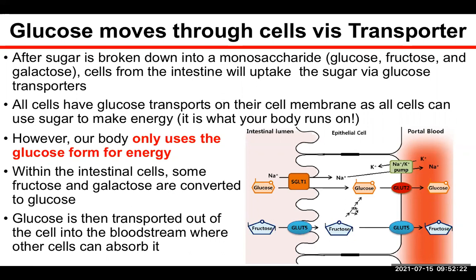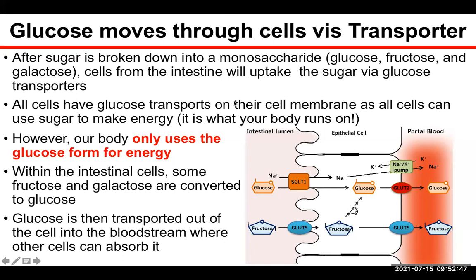Some of the other sugars, fructose and galactose, are also going to be secreted into the bloodstream at lower levels, but other cells also have some of these transporters where they can convert these sugar molecules into glucose. And then, once it's in the bloodstream, the rest of the body can absorb it.